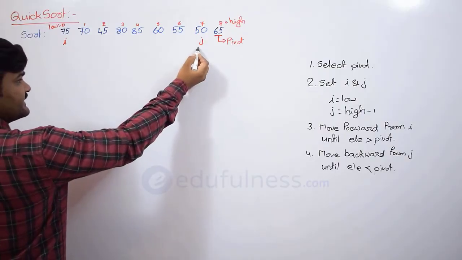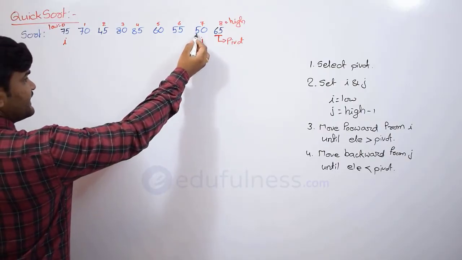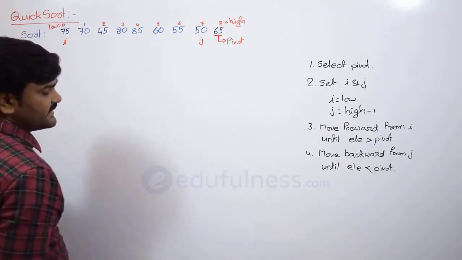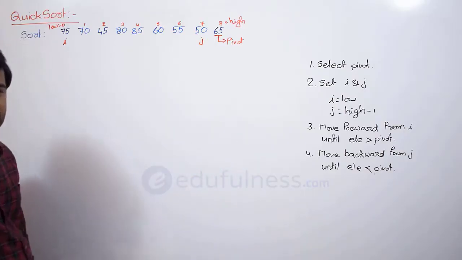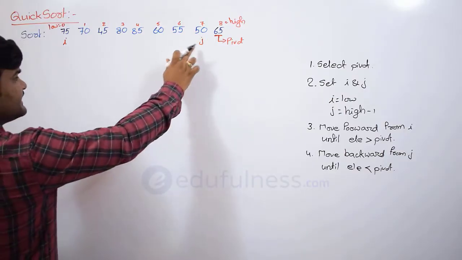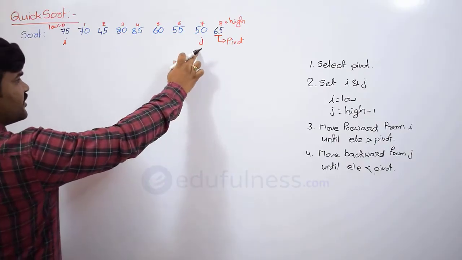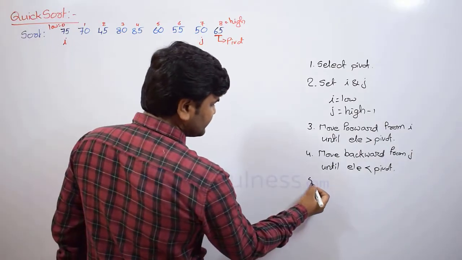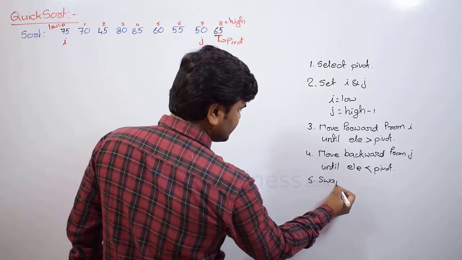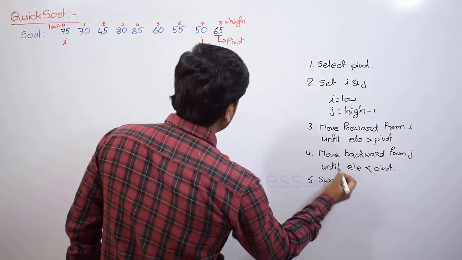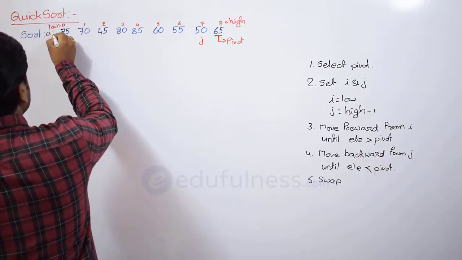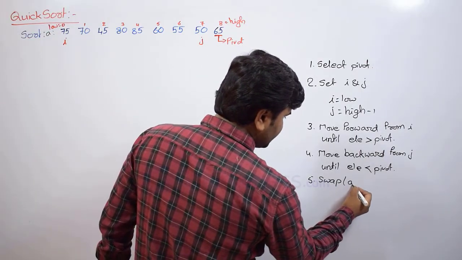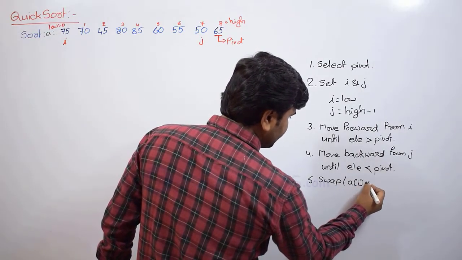Here. j is at 50, and 50 is less than 65, so you have to stop. So i is stopped here, j is stopped here. After this, what we have to do is swap these two elements. For example, this is in the array A, so we are going to swap A of i and A of j.